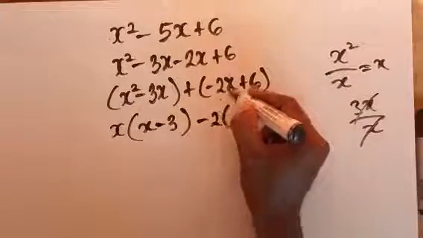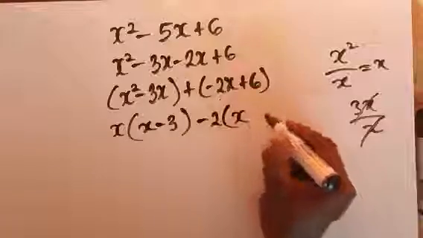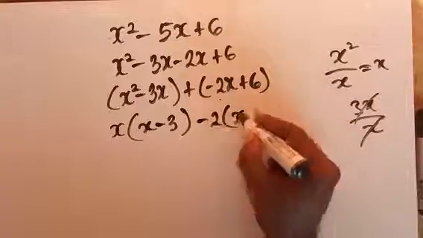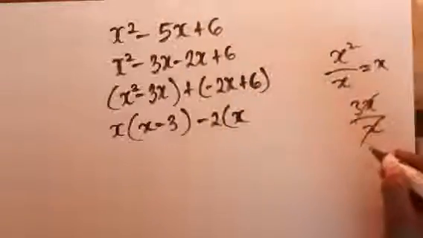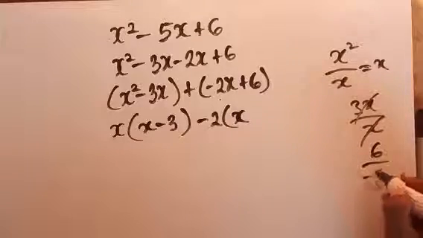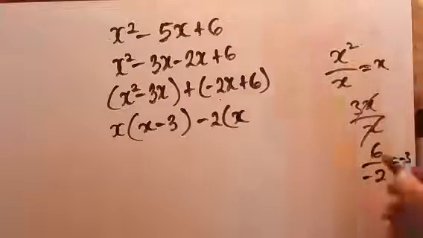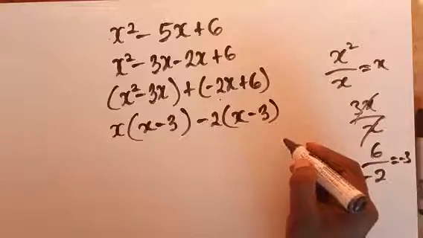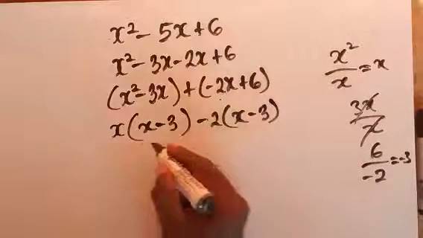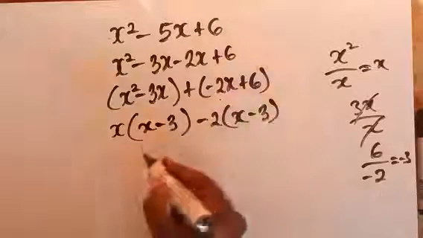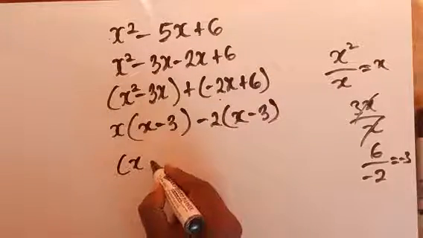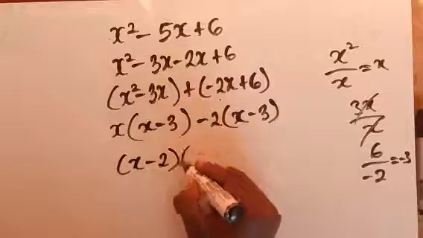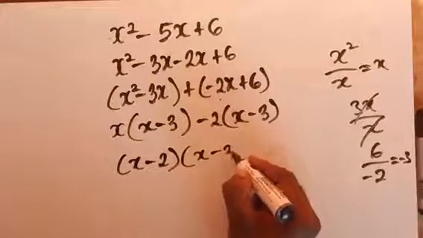So negative 2 times x gives me negative 2x. Then 6 divided by negative 2 is going to give me negative 3. So in all cases, what will be in a bracket must be the same. So we got x minus 3, x minus 3. So we got x minus 2, then x minus 3.